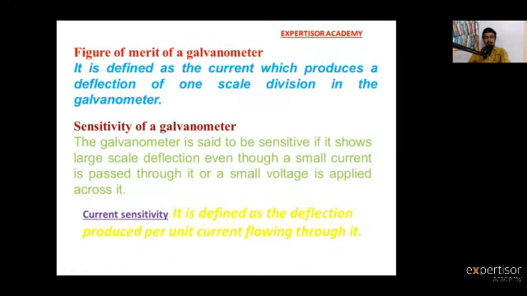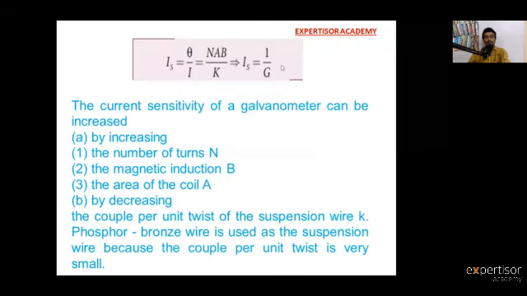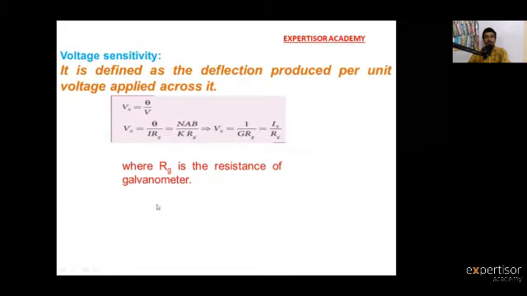The galvanometer current sensitivity depends upon these factors. The voltage sensitivity equation is current sensitivity divided by the resistance of the galvanometer. So this is the information about the working of the moving coil galvanometer.